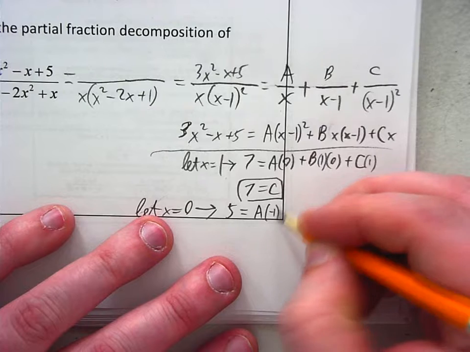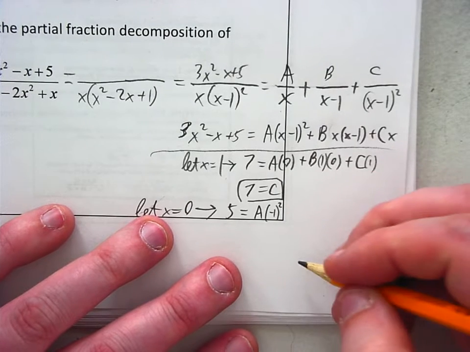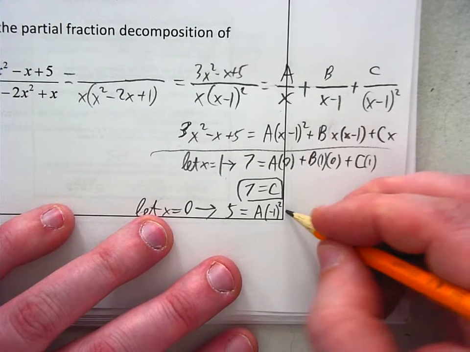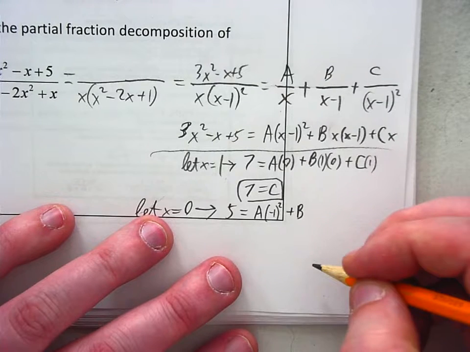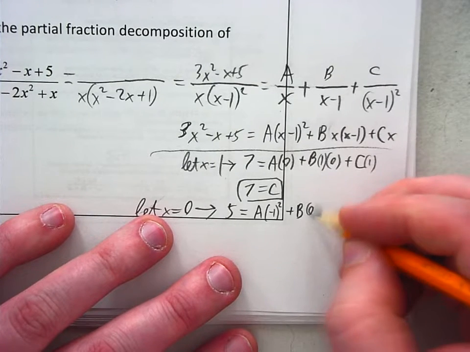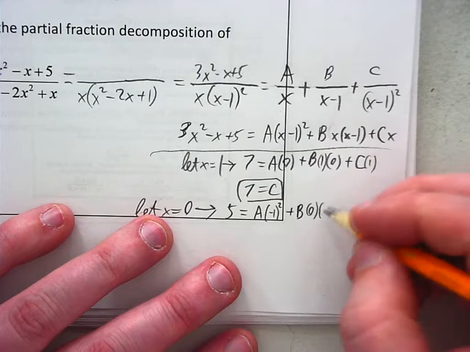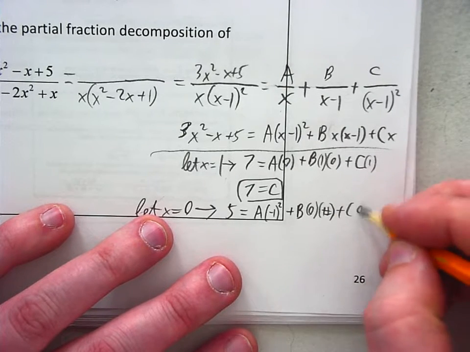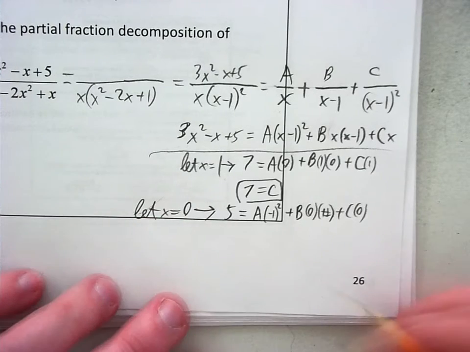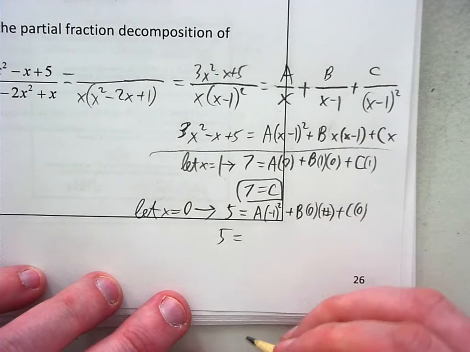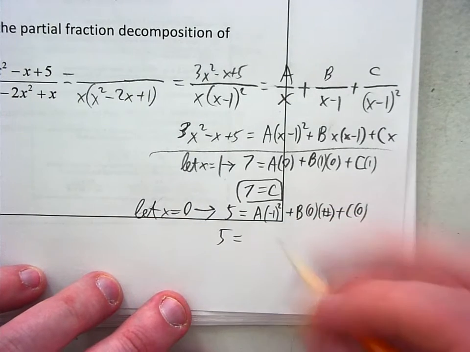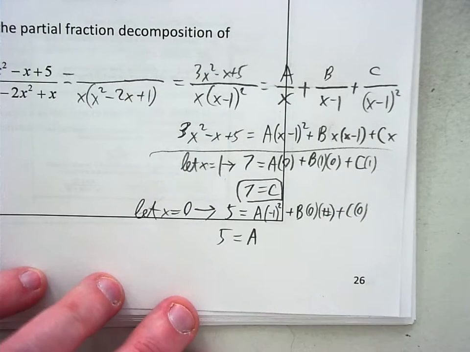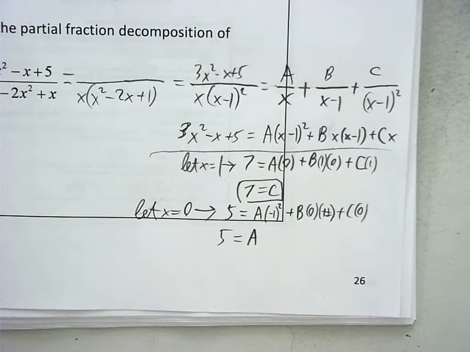Yeah, careful. It's going to turn into 1. It's negative 1 squared, right? What is the b going to be multiplied by? 0. So it's times 0 times whatever. It doesn't really matter at that point. And then c times 0. So then I have 5 is equal to a. Negative 1 squared will be positive 1. So you have 1a equals 5.